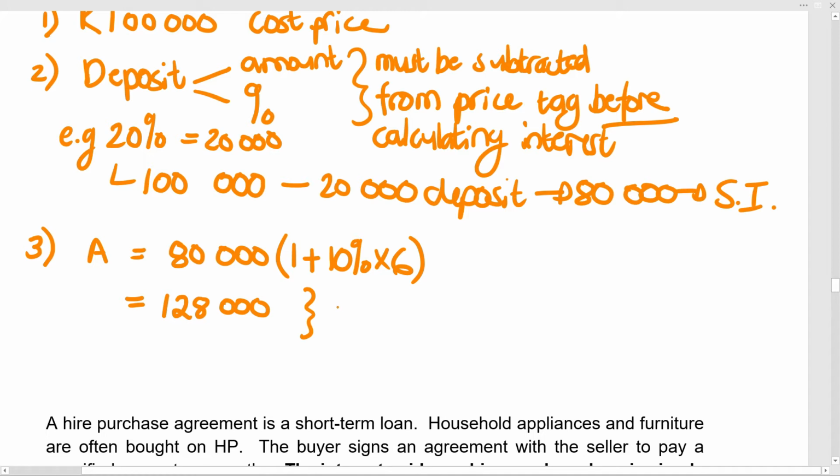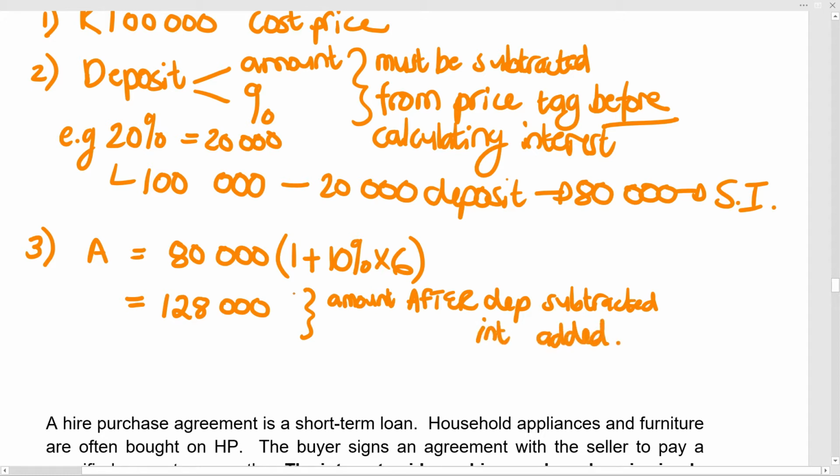That's why we pay deposits: we don't want to take out the entire amount as a loan, because then we'd have to pay interest on the entire amount. This is the amount after the deposit has been subtracted and the interest has been added. That's what you actually owe, so that's getting your total amount.